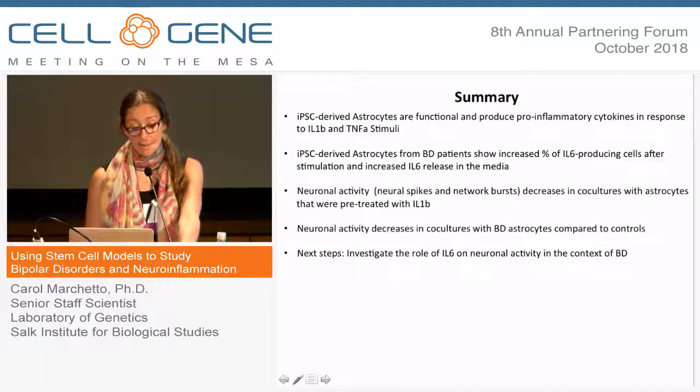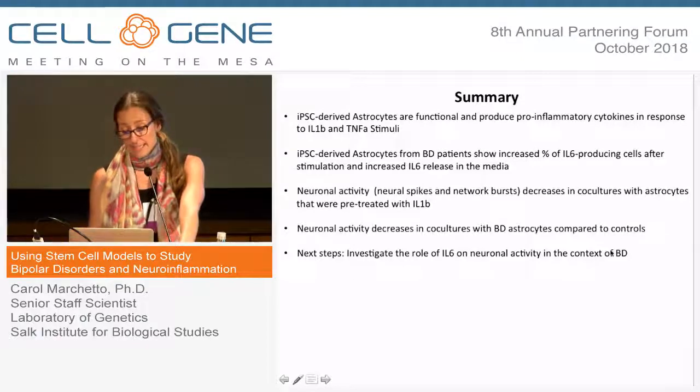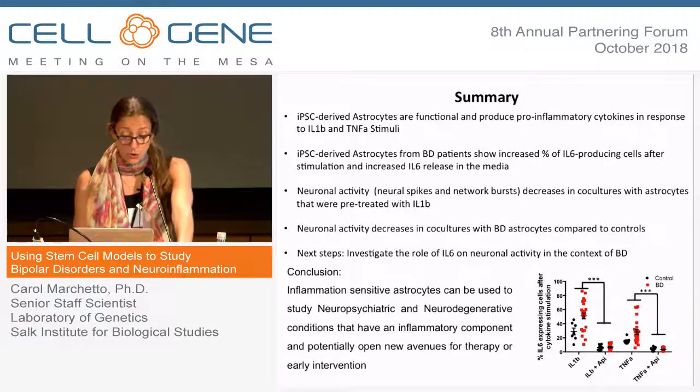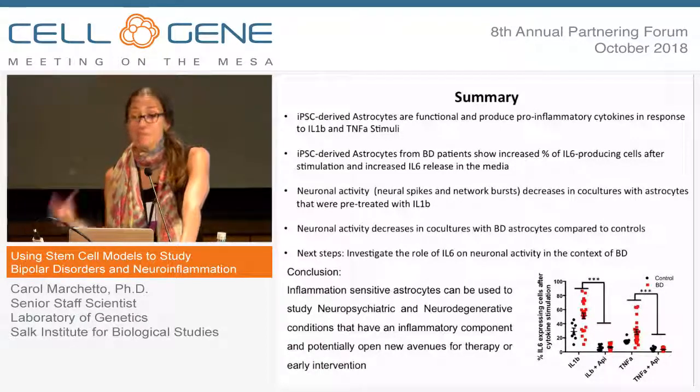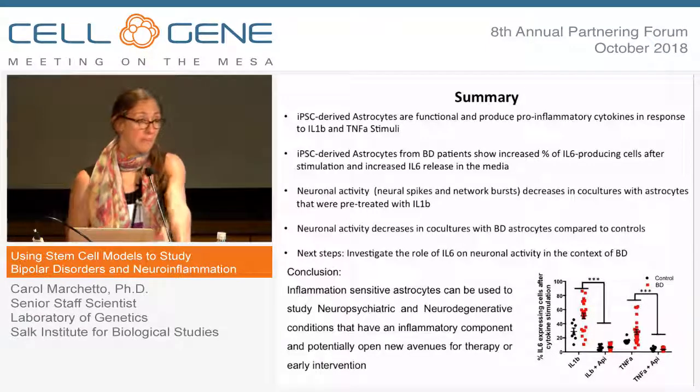I just wanted to highlight that our next steps would be to investigate IL-6 on neuronal activity in the context of bipolar. And in conclusion, we think that inflammation-sensitive astrocytes can be used to study neuropsychiatric and neurodegenerative disorders, conditions that have an inflammatory component, and potentially can open new avenues for therapy and early intervention.